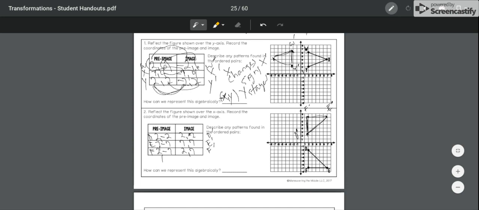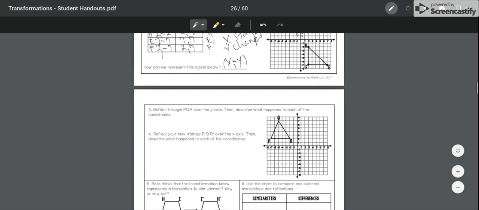So if we describe the pattern, the x stayed the same. And so when we represent that, the x just stays the same. And then the y flipped signs, or you can say became its opposite. The y changed, and so we represent that by doing the opposite with a negative sign, y. So it doesn't mean that the y is negative. It just means it's the opposite of what it was in the pre-image.